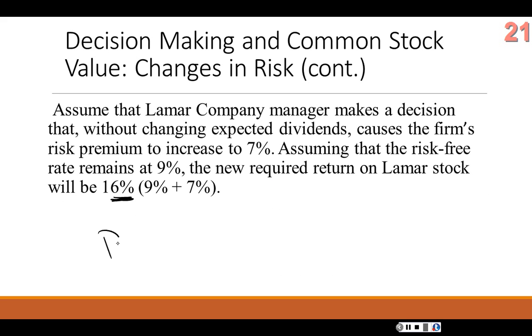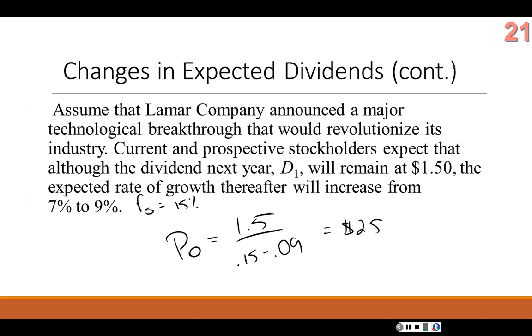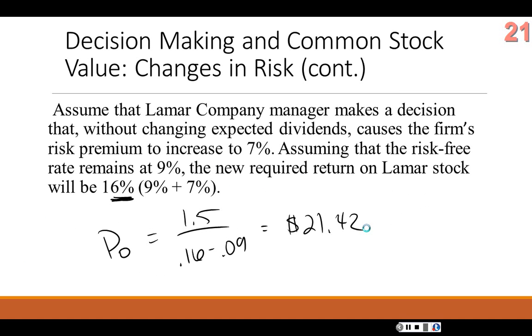So the price today would be equal to the next dividend payable divided by the required return minus the growth rate of 9%. So now we have 1.5 divided by 7%. And that's going to give us a value of $21.42. So notice that by increasing our risk level, we have lowered the price of our stock.